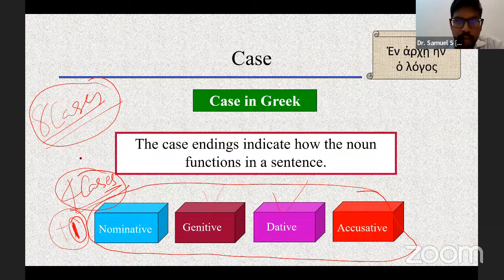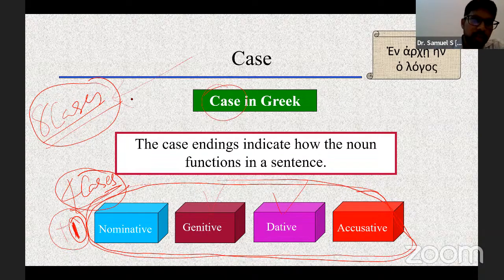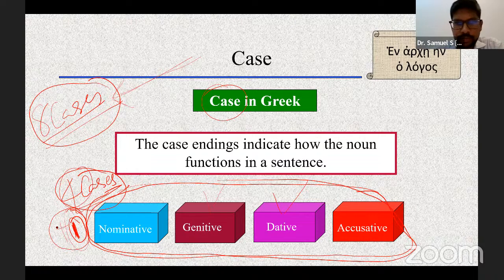This is one way to look at categorizing case in Greek. If some new grammarian comes and says, I like the 8-case system better, it more clearly tells us the function, that could be. But for our class, we are going to work through 4 main cases plus 1 auxiliary or secondary case.